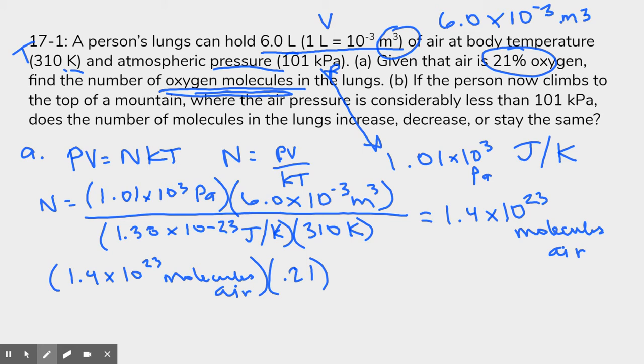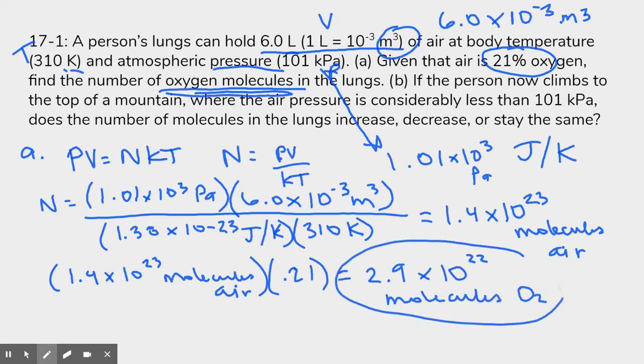Our final answer here would then be 2.9 times 10 to the 22nd molecules of O2.